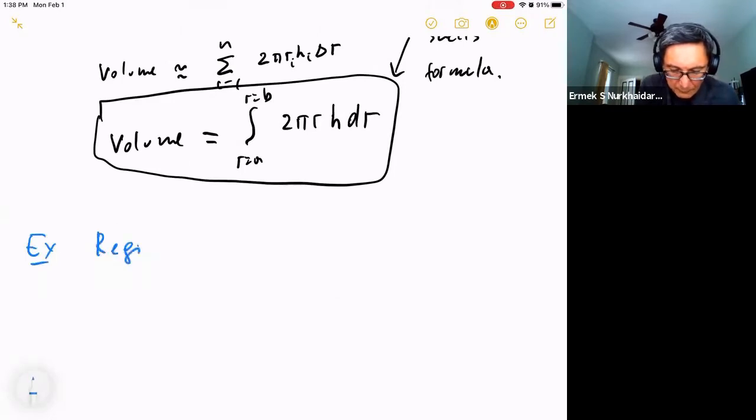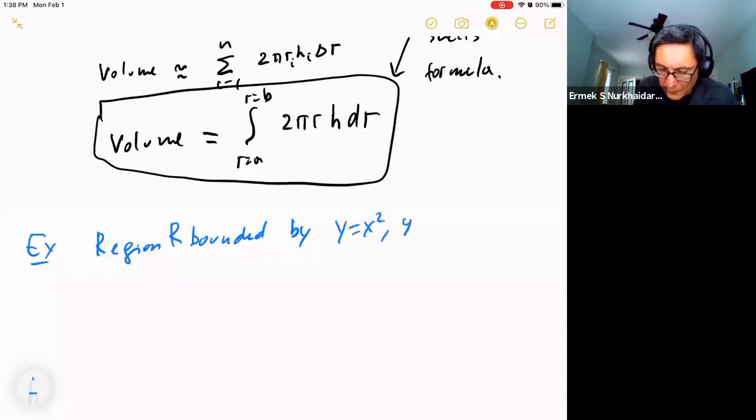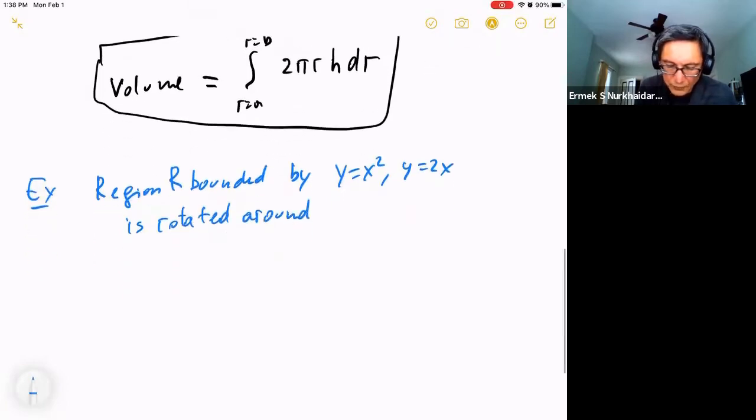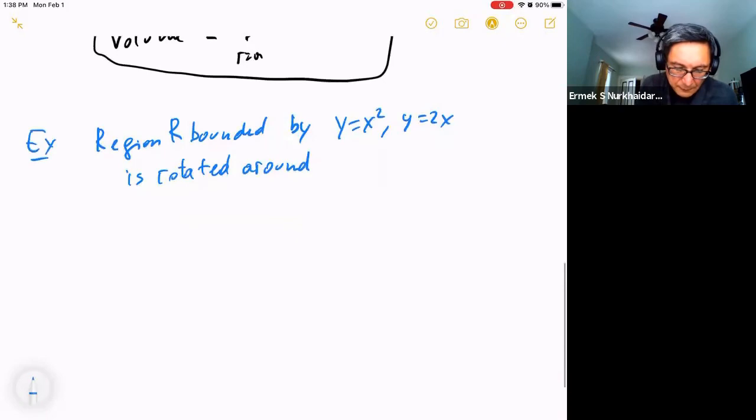Region R bounded by y equals x squared and y equals 2x is rotated around (a) the y-axis, (b) the x-axis. We'll do it both ways.